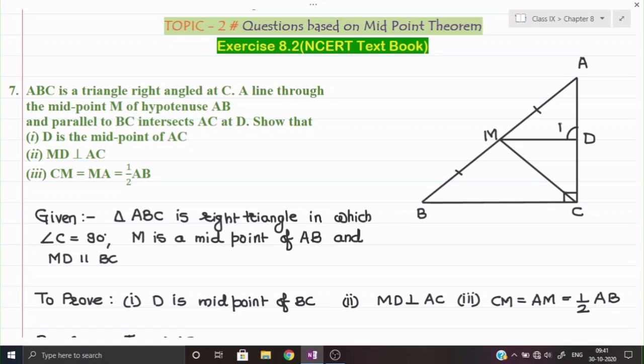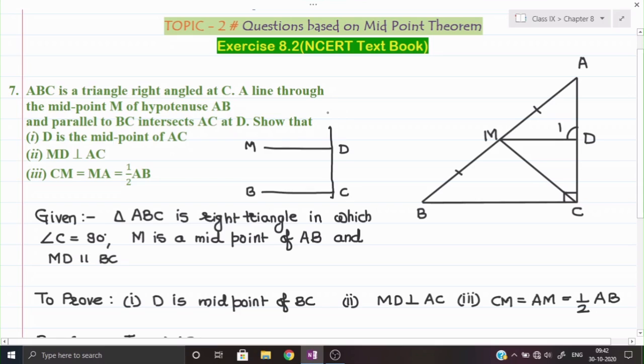If I draw specially for you here, suppose if I draw here, this is one line, this is another line, and this is the line AC is coming over there. Okay, please see it very carefully. So this point is M somewhere, this point is D, this is B, this one is C, and here somewhere A point is there, it is not required. So this one is marked as angle number 1 and this one is marked as angle C.